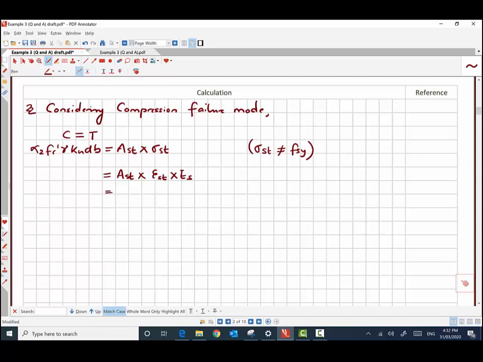Now we can again write the strain in the steel using the strain compatibility equation in terms of the strain in the concrete. Therefore alpha 2 fc' gamma Ku b d should be equal to this one. Now we proceed with solving this equation. So write down all the parameters here.